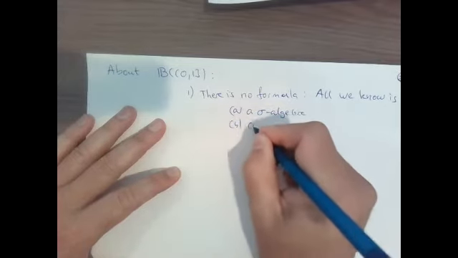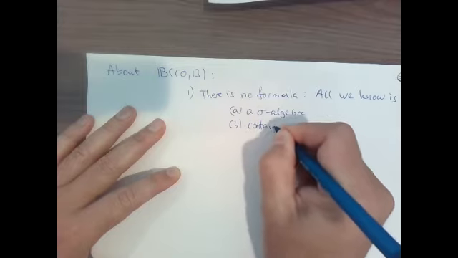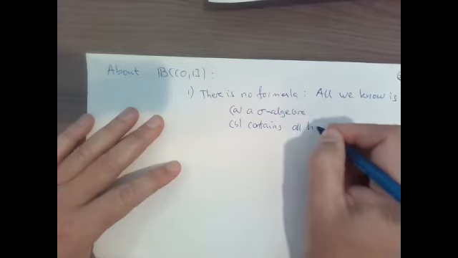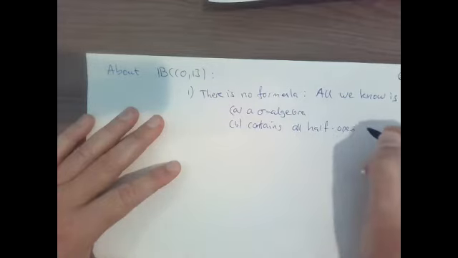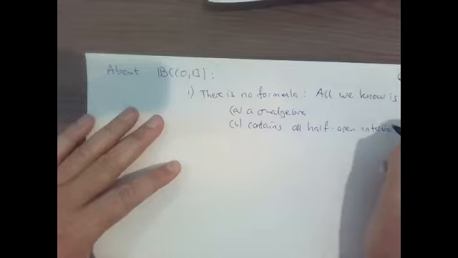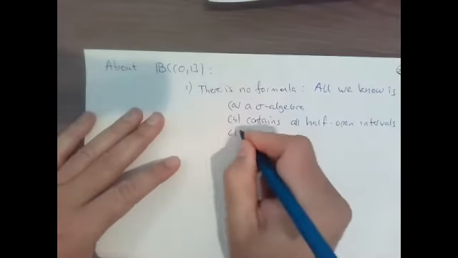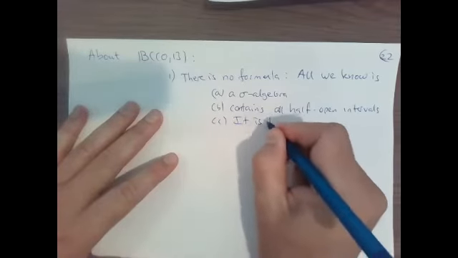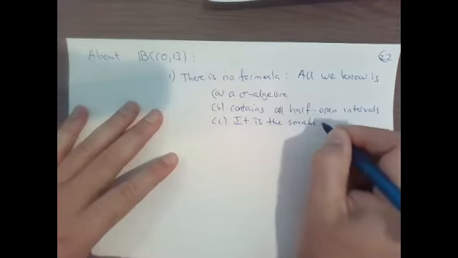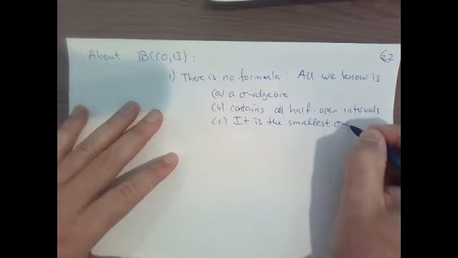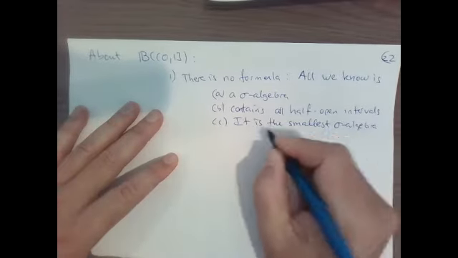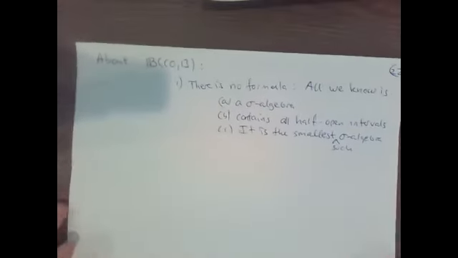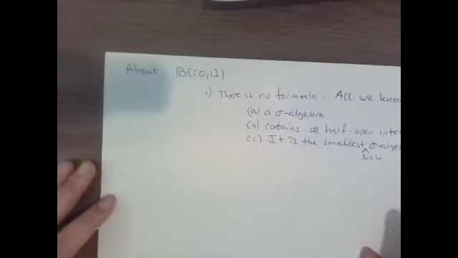We know it contains all half-open intervals, and then it has the smallest property: it is the smallest such sigma algebra. But for example, there are other things in there.